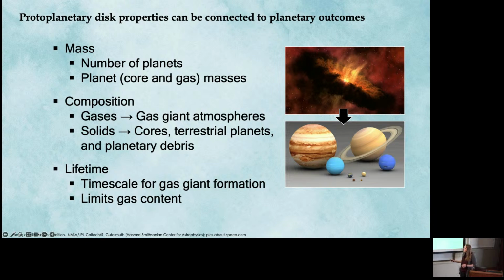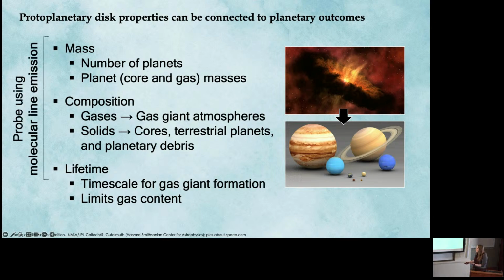In addition, the chemical composition, where the chemical composition of the gases are going to lead to the gas giant atmospheres, whereas the solids will lead to planetary cores, rocky terrestrial planets, and planetary debris like comets and asteroids in our own solar system. And finally, the lifetime of the disk, because as the gas disappears from the disk, that will cut off our time scale for gas giant planet formation. And also limit the potential amount of gas relative to solid material to form different types of planets.